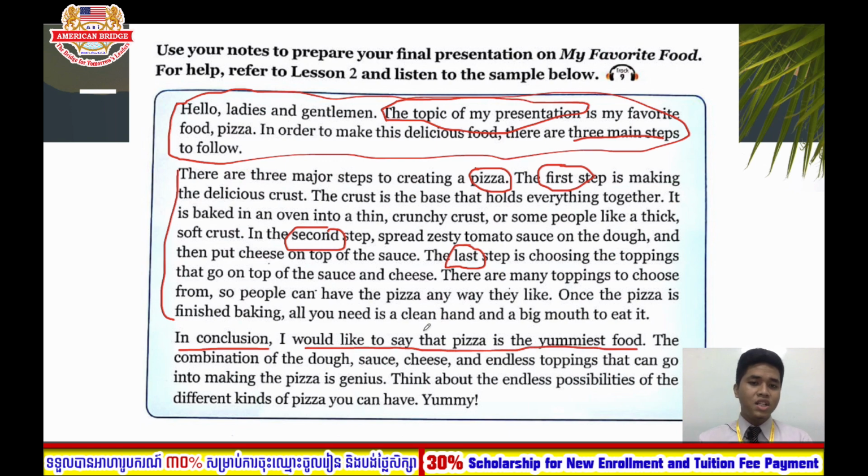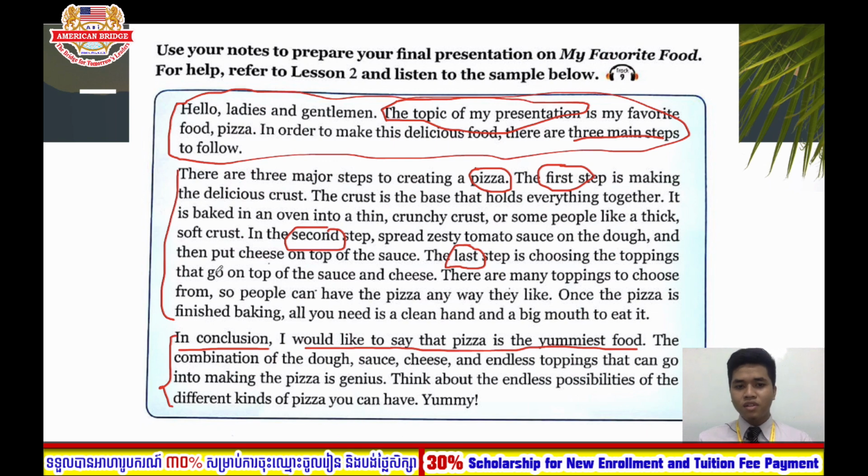So as you can see, this is a good presentation, even though it's a little bit short, but at least the speaker follows the principle or the rule of making a presentation. As you can see here, he has the introduction, he has the main idea of his speech, and he has the conclusion. So I hope you can learn a lot from this presentation.